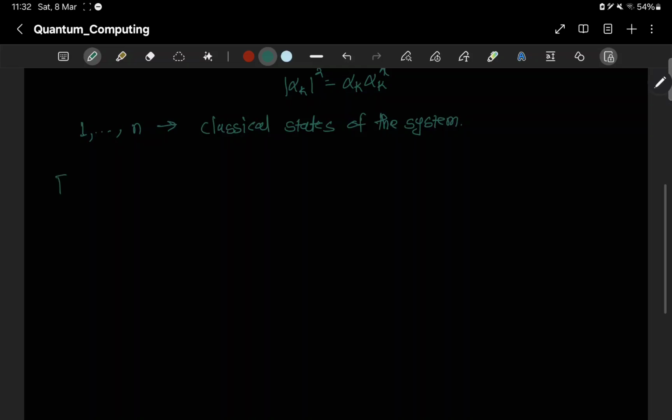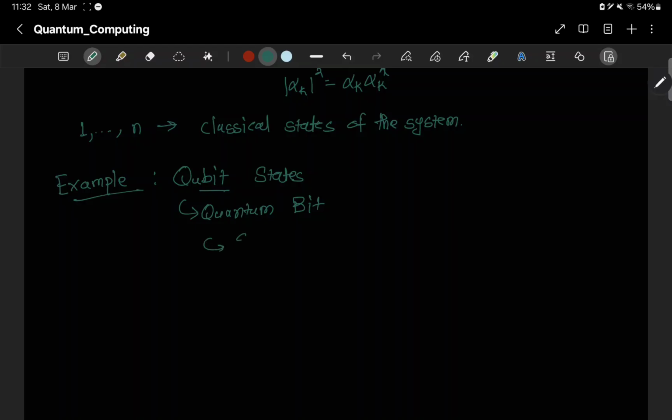So let's take an example here, and we consider the example to be a qubit state. We have already defined what a bit is. It is a system having two classical states, 0 and 1. The qubit is a quantum bit. So it's a bit with some quantum properties, right? It is a quantum system.